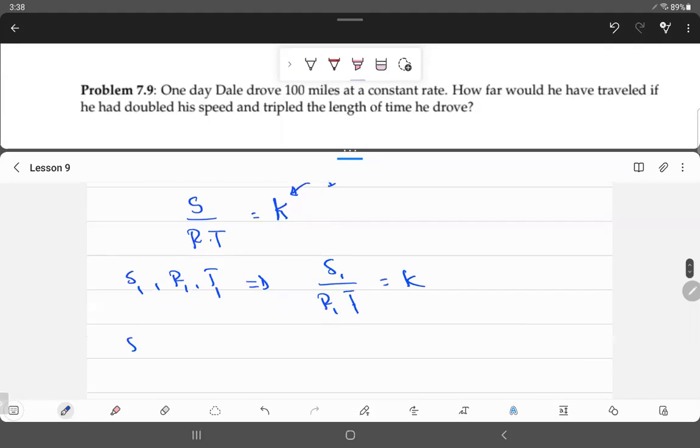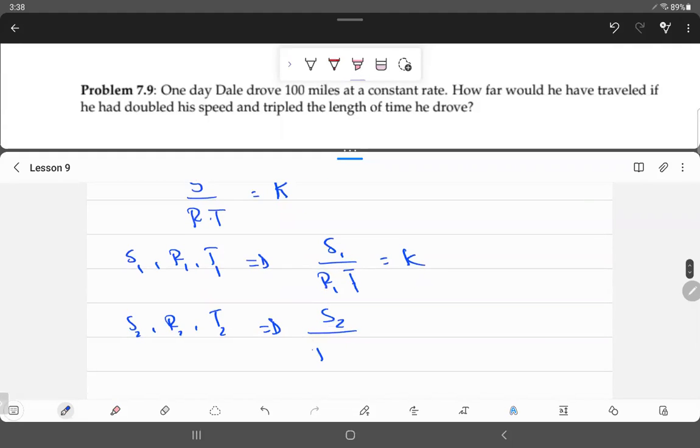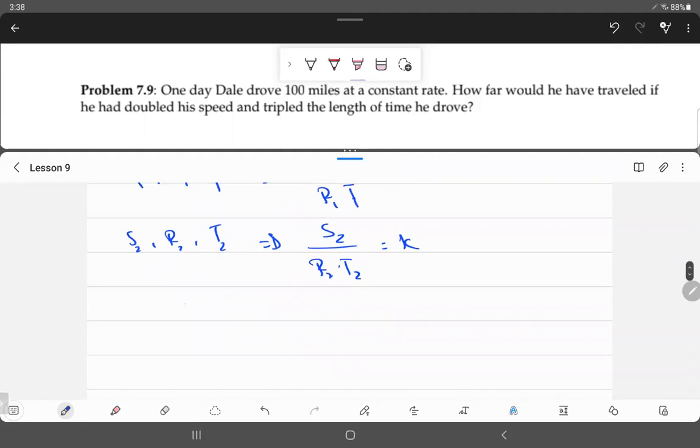If I give you S2, R2, T2, the answer is going to be the same. S2 over R2 times T2 is all the time K. So that means this ratio is fixed. So S1 over R1 times T1 is equal to S2 over R2 times T2.